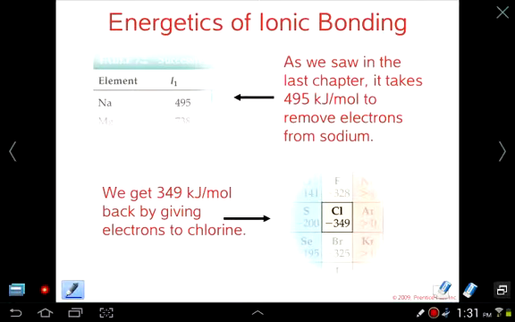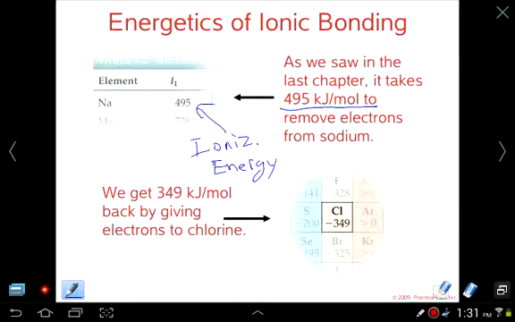We're going to take a look at the energetics of ionic bonding. If you recall, we saw that it takes 495 kilojoules per mole to remove an electron from sodium. This is sodium's ionization energy, which was not too low, not too high, in the middle.